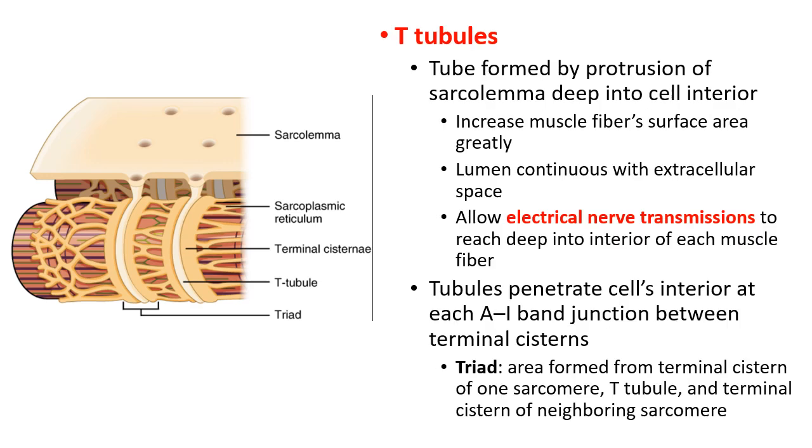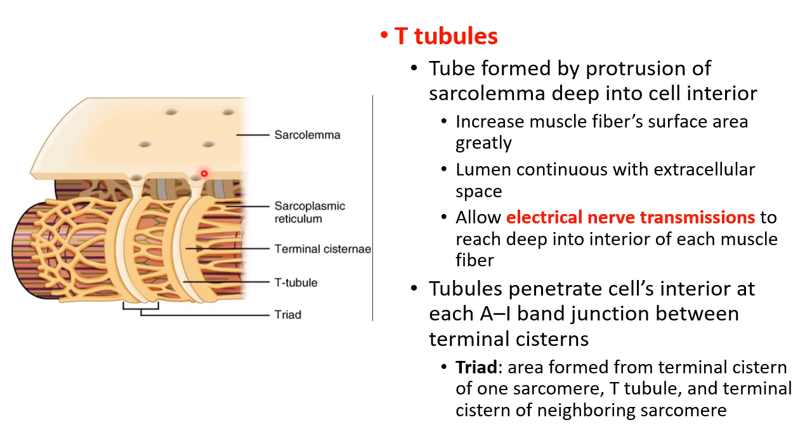Now, when you look here, T-tubule. What is this T-tubule? This is a protrusion or a hole of the membrane. Sarcolemma is a membrane. You see this little hole here? This is called a T-tubule. So it goes inside and extends the area of your cell membrane to the inside of this fiber.